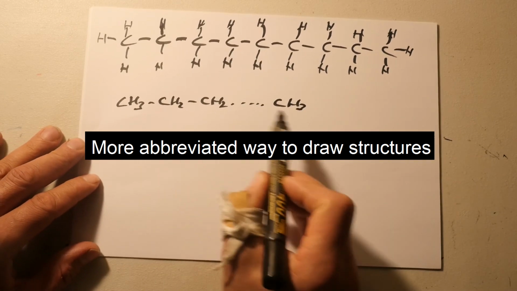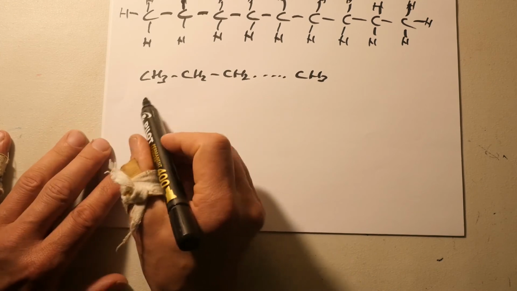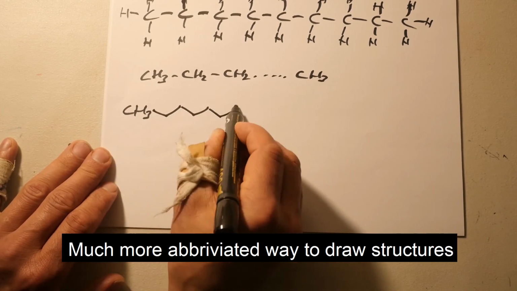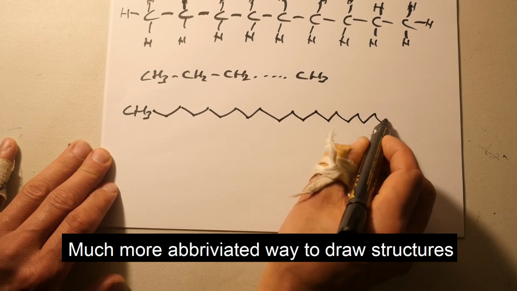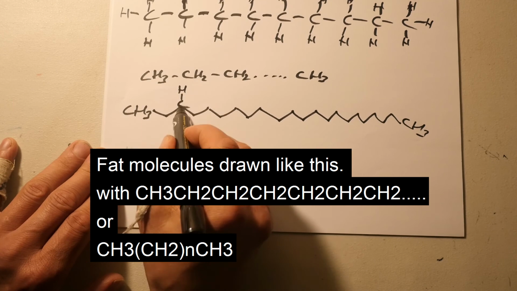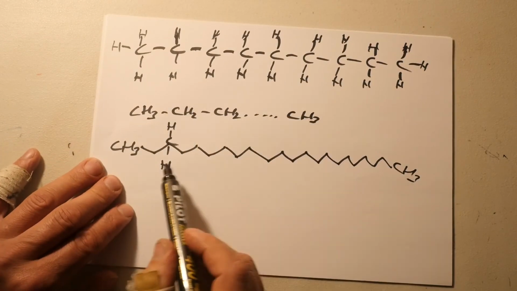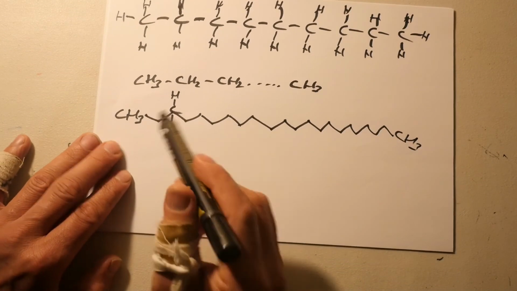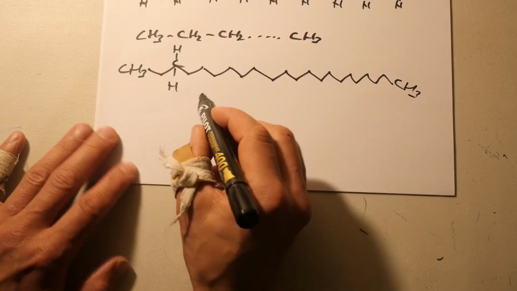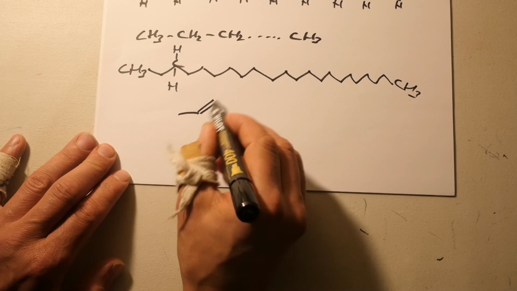I'm drawing this out to demonstrate what I mean. Normally you can draw a molecule like this. Another way of doing it, often when you're drawing fat molecules, you'll do a CH3. Each of these vertices is actually a carbon, and you assume there are hydrogens coming off.